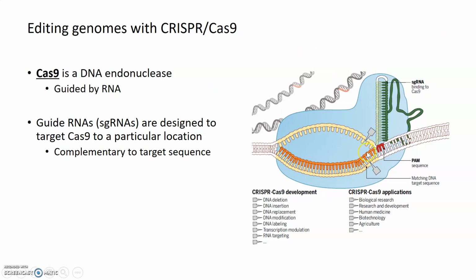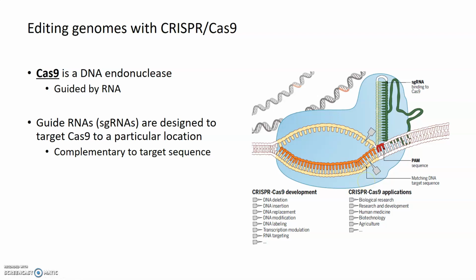And so this image here shows a picture of Cas9 enzyme, which is blue, and a small guide RNA here in green. And we in the lab can design a small guide RNA, or an sgRNA, to find a particular location within the genome of the organism we want to edit, and basically bring Cas9 to that particular location.